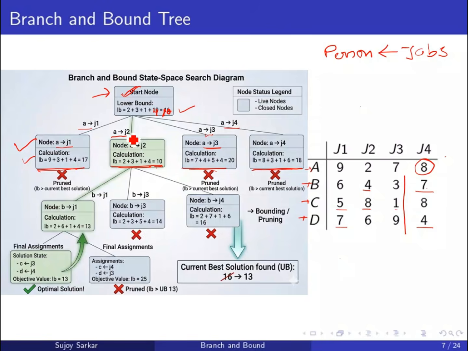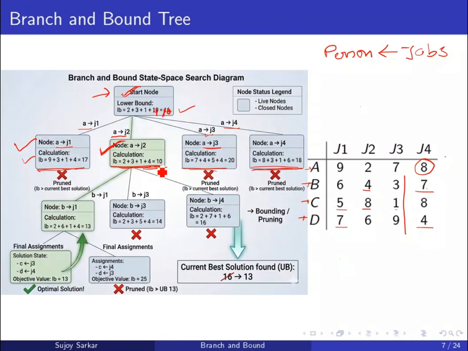That is the second node, this node. So we'll pick up this node next and then generate its children. Other nodes: first one lower bound is 17, second one lower bound is 10, third one lower bound is 20, fourth one lower bound is 18. So 10 is minimum, so we'll pick up this node.